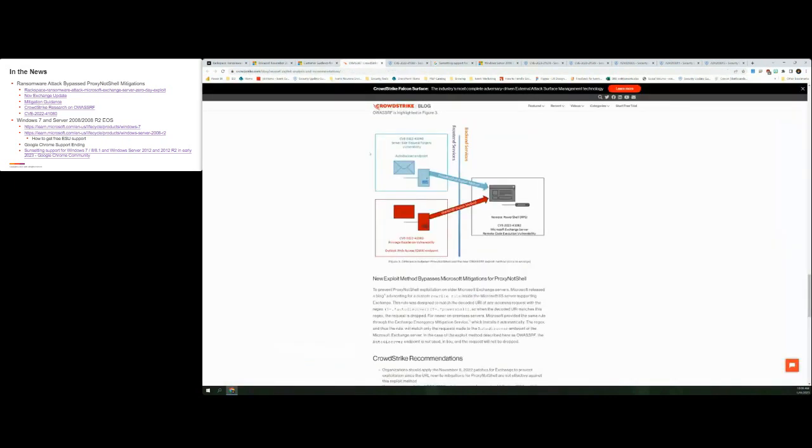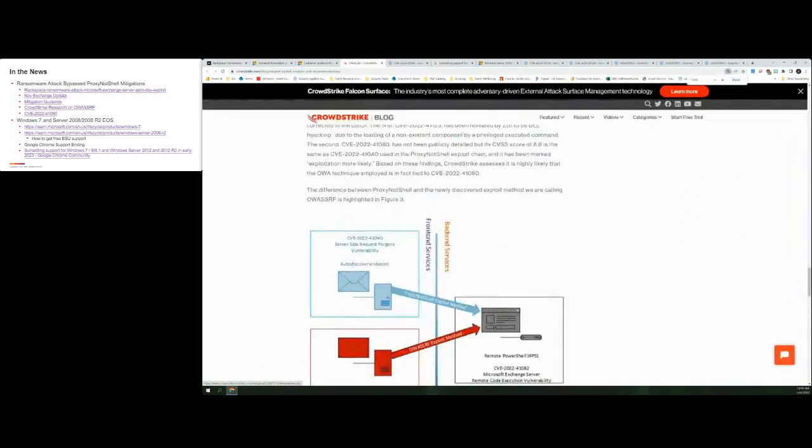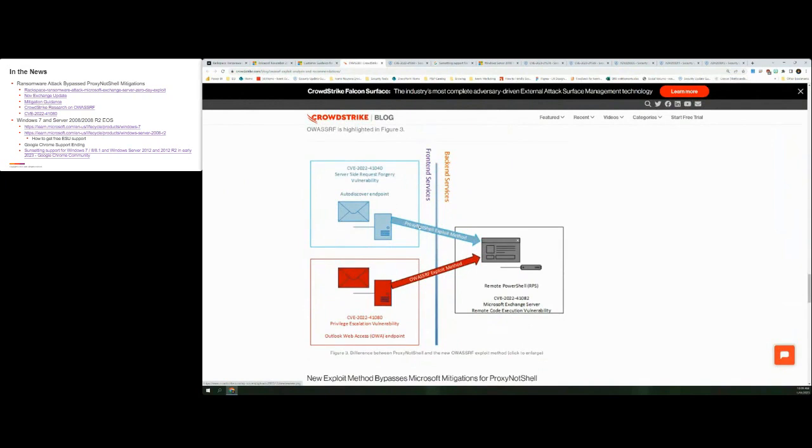So if you go to CrowdStrike's write-up, there's a graphic down here that represents this most clearly. If you want to read through the whole thing, they're very thorough. In fact, our CISO knows one of the main researchers that was a part of this, and they talked about it at length.